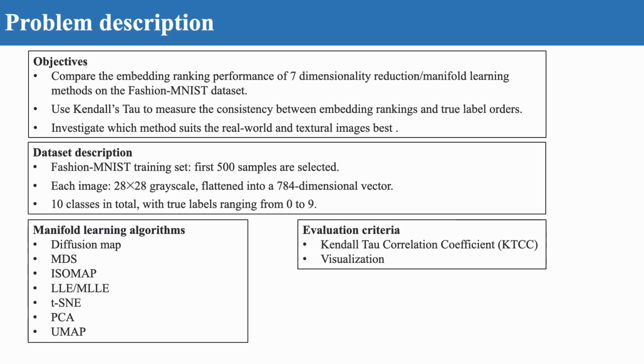We evaluated 7 methods including diffusion map, MDS, Isomap, LLE, MLLE, t-SNE, and UMAP. We use Kendall's tau for ranking quality and visualization to assess the embedding performance.